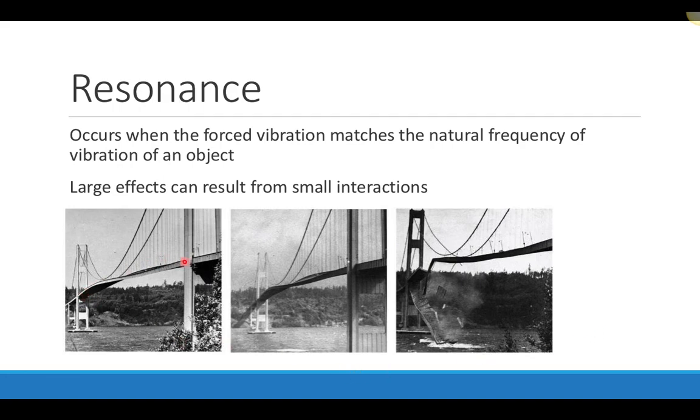The Tacoma Narrows Bridge was a suspension bridge that was built, I think, in the early 1900s. Essentially, right after the bridge was built, because of natural vibrations in the area, the bridge started to oscillate. Whether it be winds or just natural vibrations occurring locally, they happened to match the natural frequency of vibration of the bridge.